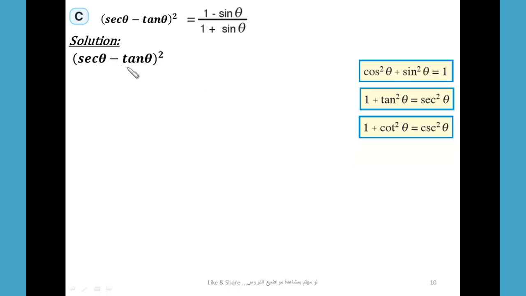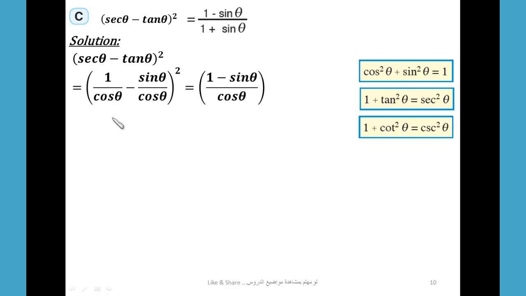Sec theta minus tan theta all square equals, what about sec? It is 1 over cosine. As I told you before, most of these problems are solved by changing sec and tan and anything to sine and cosine. So sec, you can write it 1 over cosine. What about tan? It is sine over cosine, all square.